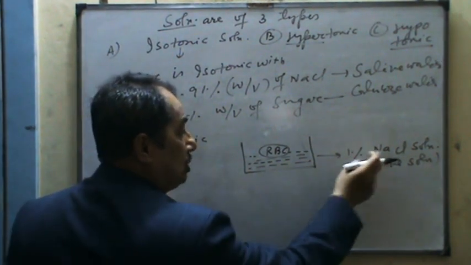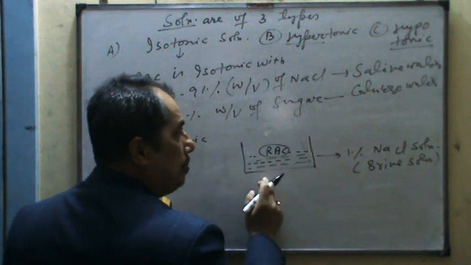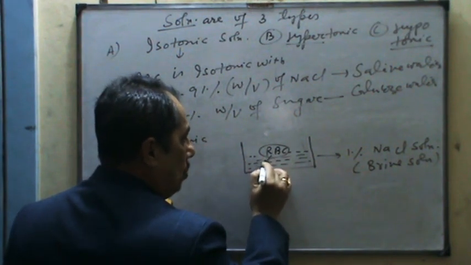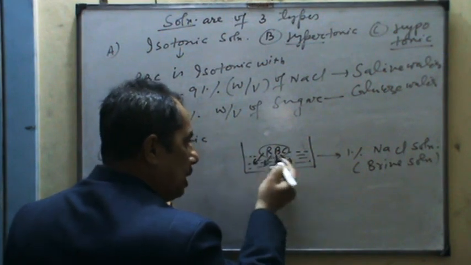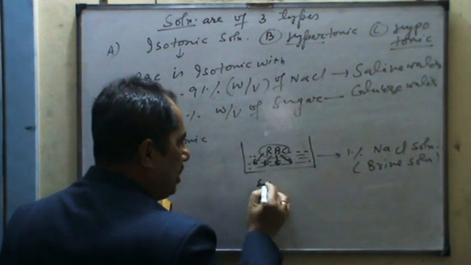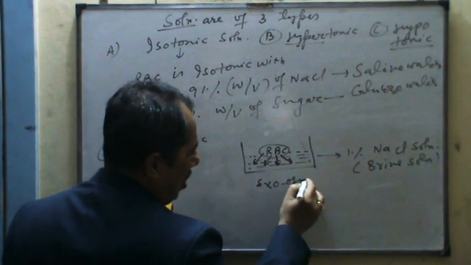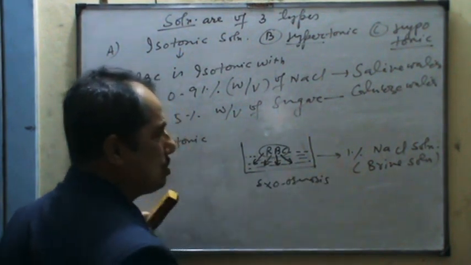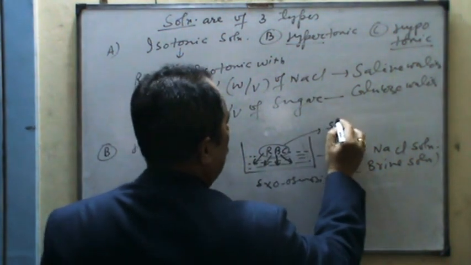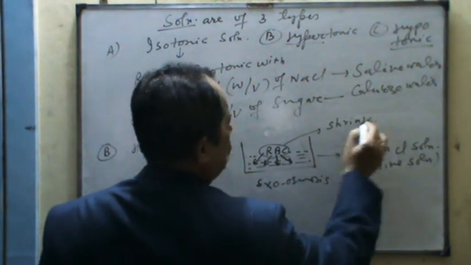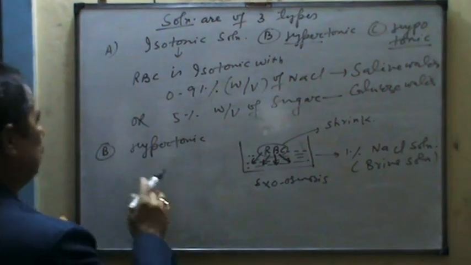Since the concentration of NaCl is more than the RBC, the liquid molecules will come out from the RBC. It is called exosmosis, and in that case RBC will shrink.